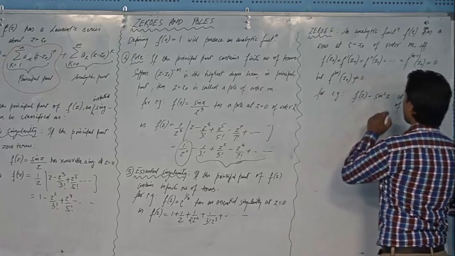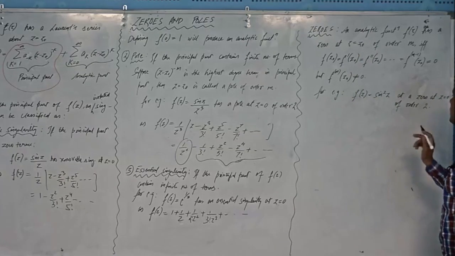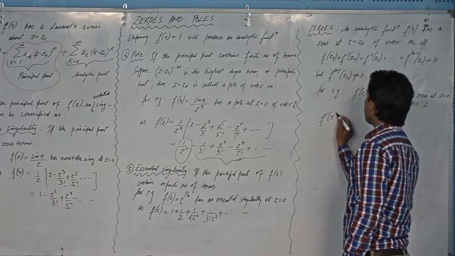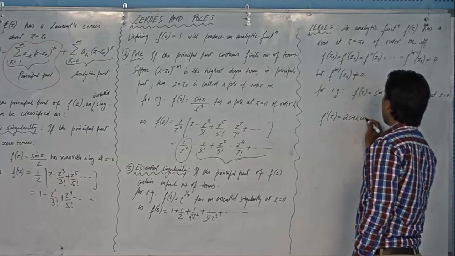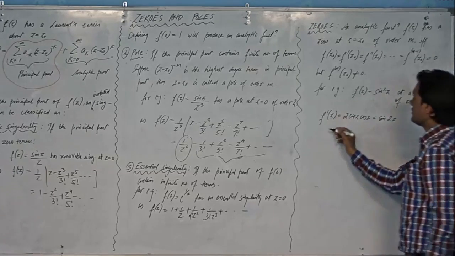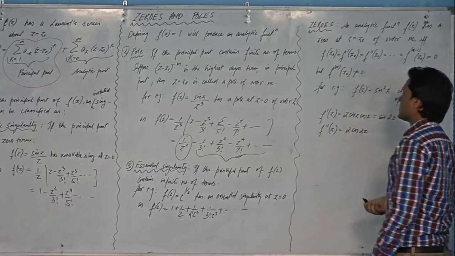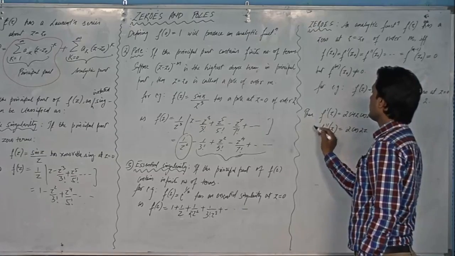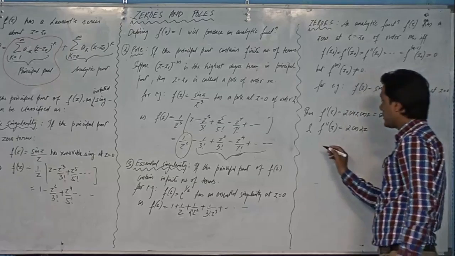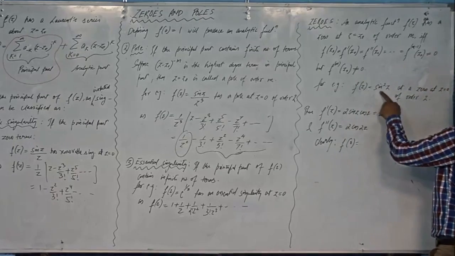Solution or verification of this: I will use this standard definition, and according to this, if it has a zero at z equal to 0, then if I find f dash z, it will give me 2 sin z cos z, or we can write it as sin of 2z, right? And if I find its next derivative, that will be 2 cos 2z, etc. And I will put 0 in f, f dash and f double dash. f(0), if you put 0 here, you will get sin 0 equal to 0.